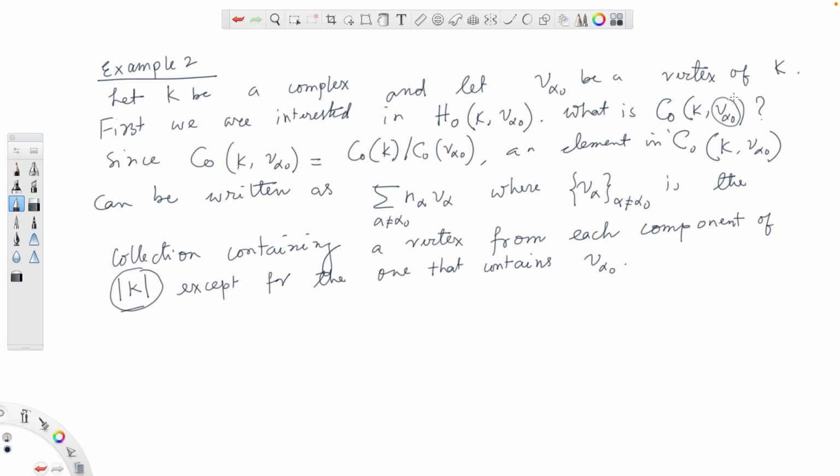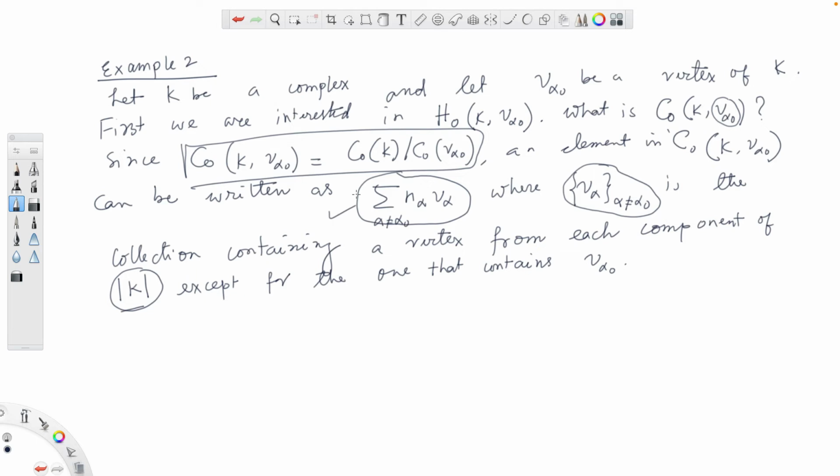That forms this collection, and this way we form this linear combination. Any element in this quotient group is given by this linear combination.